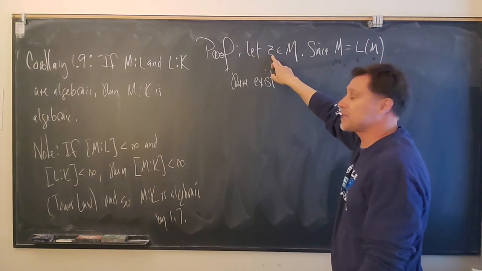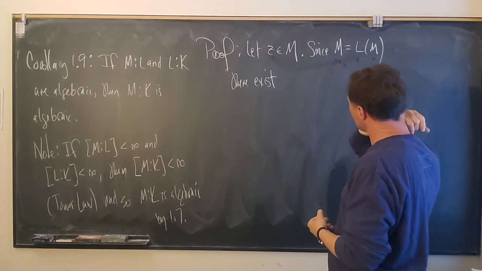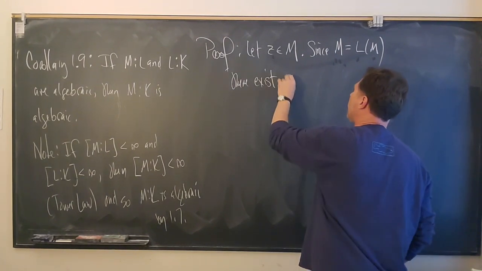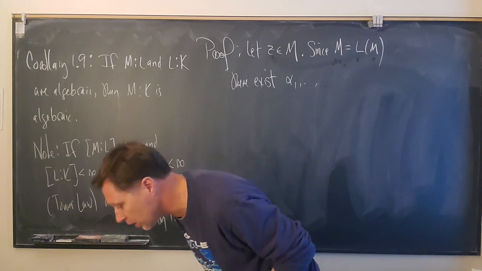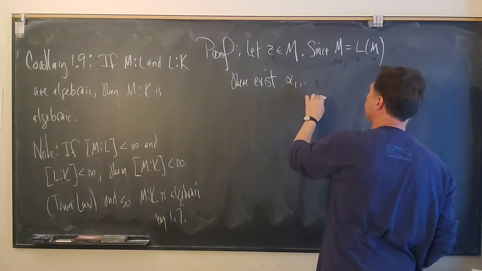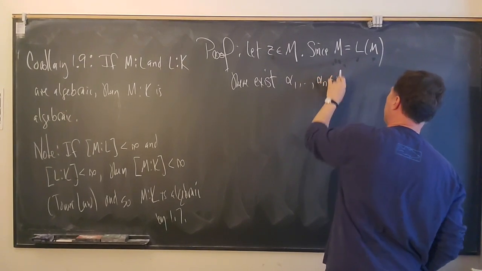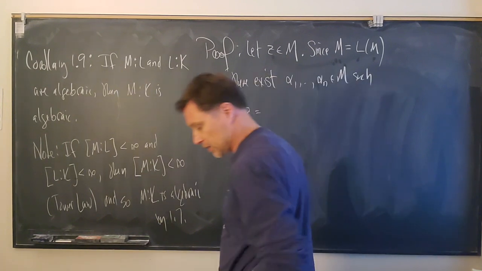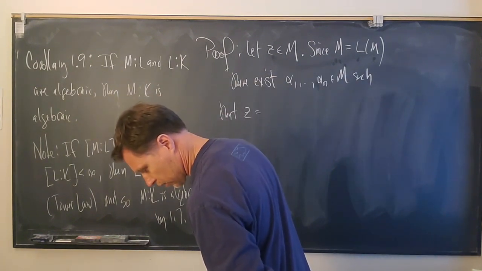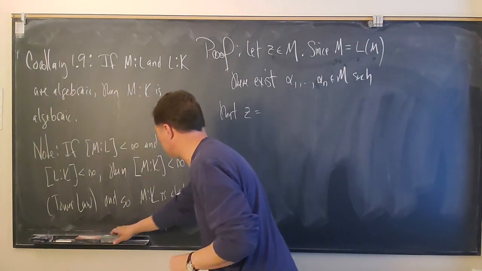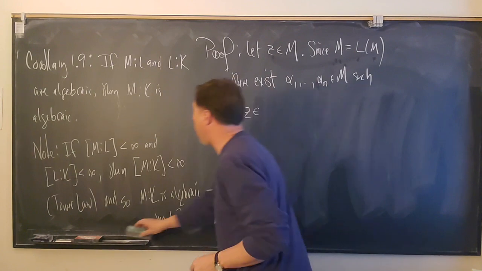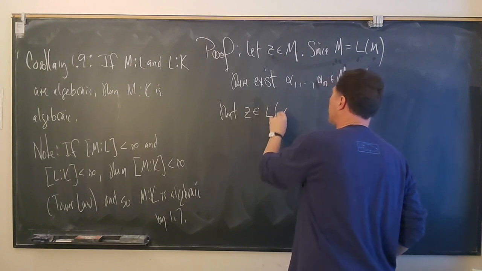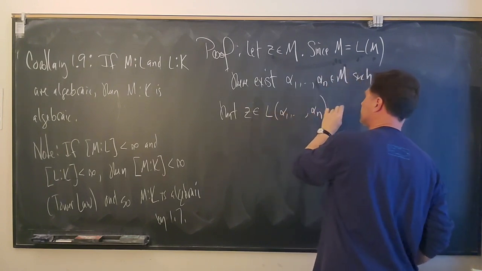That means that z can be obtained using a finite number of operations using elements from L and M. So there exists, say, alpha 1 up through alpha n in M, such that, we don't need all of M to find z. z will live in L adjoin alpha 1 up through alpha n.